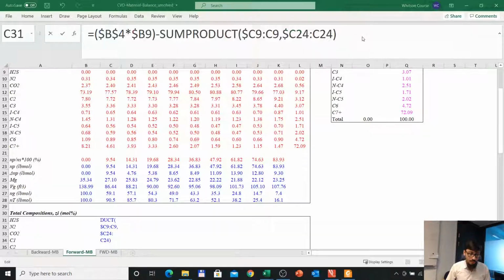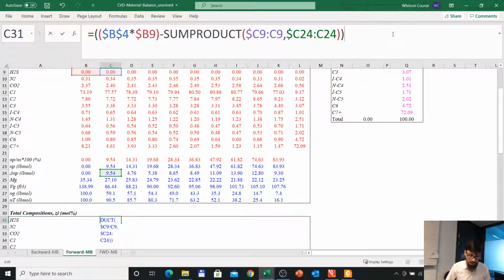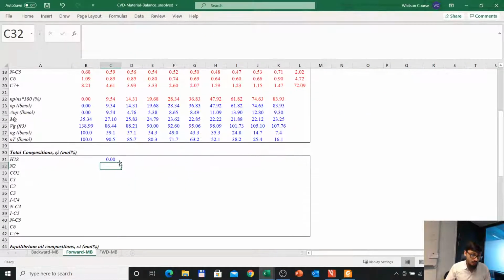And then divided by the total moles at any given pressure, which we have already calculated, and T, this number here, and then try to fix this. I think it should work. Let's see.